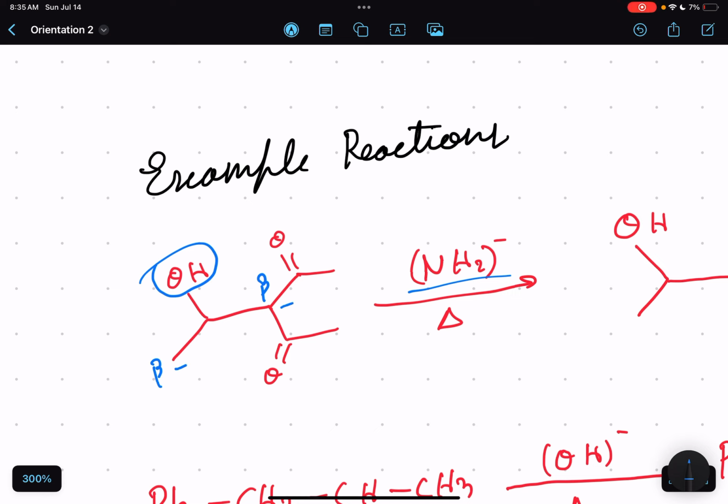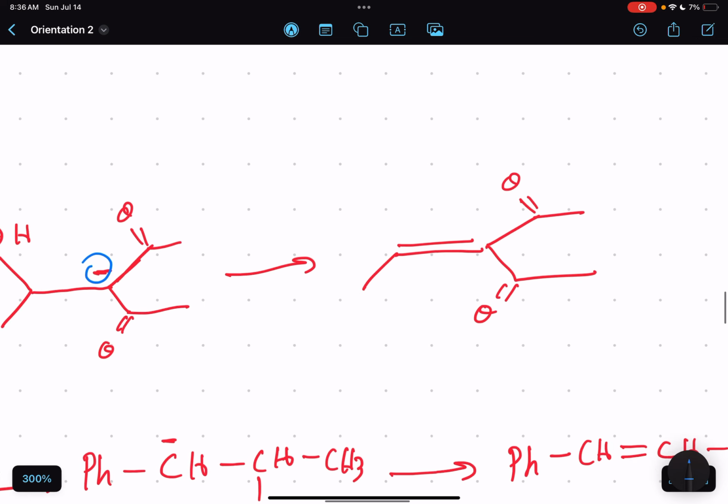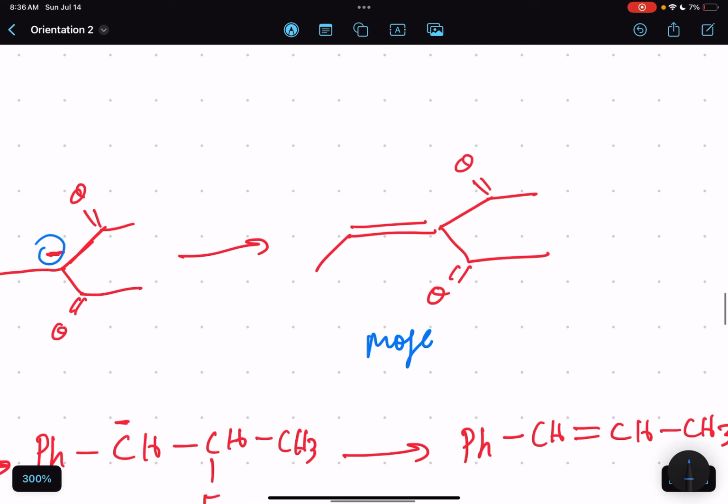Now you might first look at it and see that this is a 3 degree carbon atom, therefore you might think that this negative charge is going to be the least stable, but actually as you can see here, there is resonance due to this double bond O and this double bond O, therefore this is going to be the most stable and this is going to be the least stable. Therefore a negative charge is going to form here and this is going to result in a major alkene as this one, where the alkene forms here.